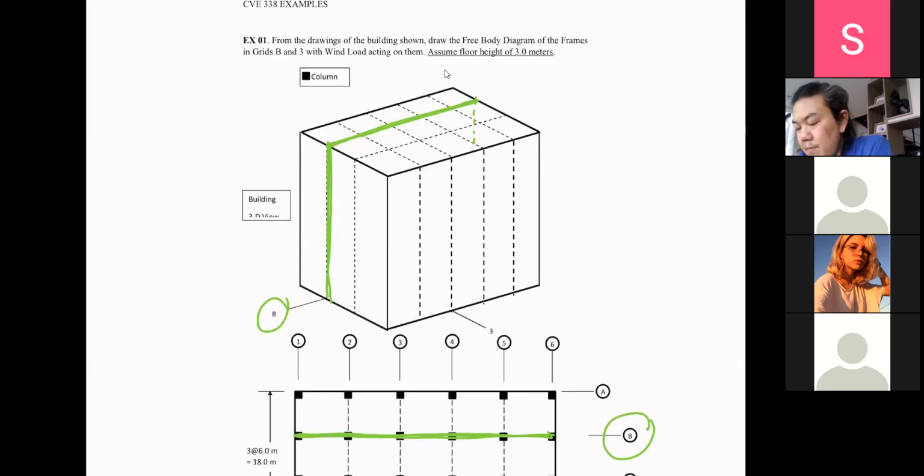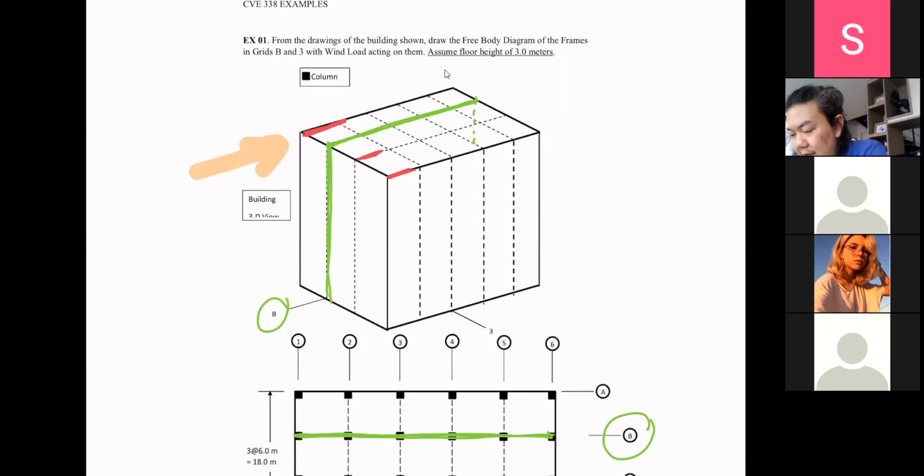So if I ask how much the frame in grid B is going to take, it means we are going to use every frame available. We're going to use this one, that one, and that one to sustain the wind coming in this direction. If you talk about the frame in B, it means the wind will come in this direction, correct?